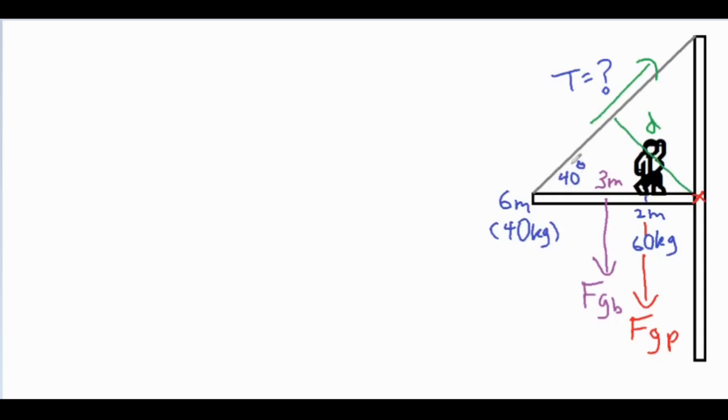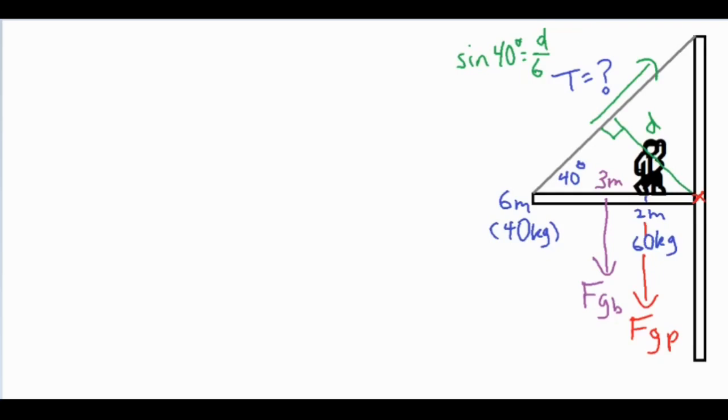So we have a 40-degree angle right over here, and we have the hypotenuse of our triangle. So this, because it's a perpendicular line, would be 90 degrees, and the hypotenuse of the triangle is the beam itself, which is 6 meters. So we can go ahead and use the sine of 40 degrees, and that would equal the opposite side, which is the distance D that we're looking for, over the hypotenuse, which is the 6 meters, the length of the beam.